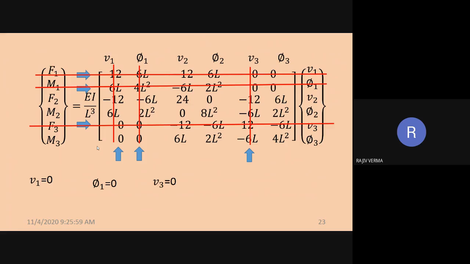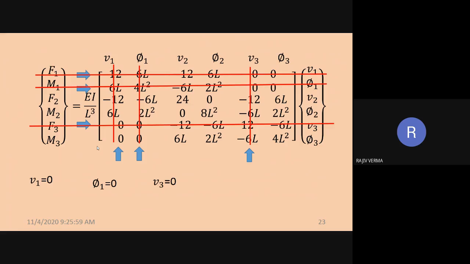This means that in our solution process, we are not going to use equations 1, 2 and 5, and the equations which are going to be used are equations 3, 4 and 6, which depend upon V2, phi 2 and phi 3.